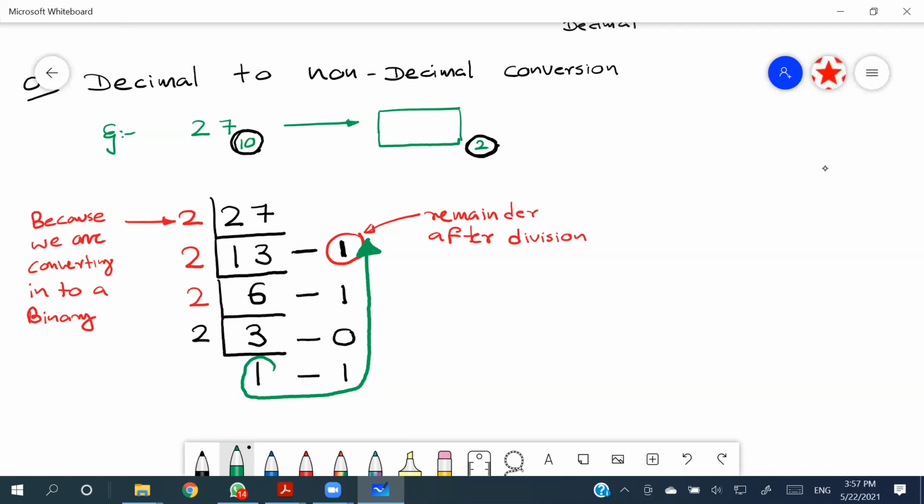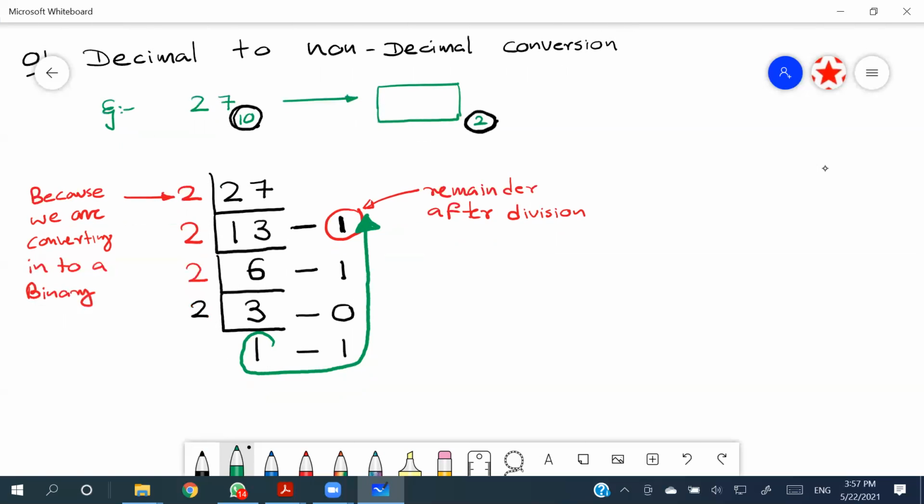That means your binary equivalent is going to come as 1, where we stopped, then another 1, then a 0, then 1, then another 1, starting from this point, then this, then this, then this, and finally this.